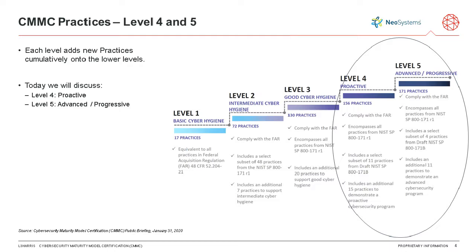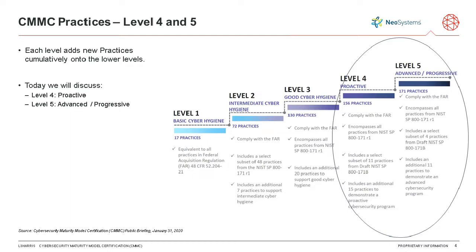Thanks for adding that, Ed. So for levels 4 and 5, which we'll be discussing today, this is really what we consider to be proactive and advanced and progressive, right? So this is the top end. All the applicable practices are out there and are required.